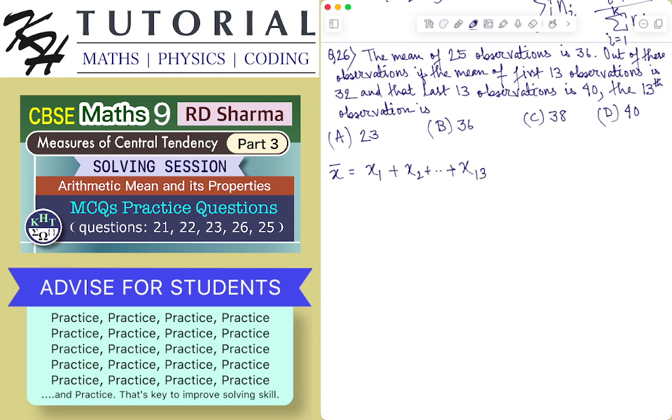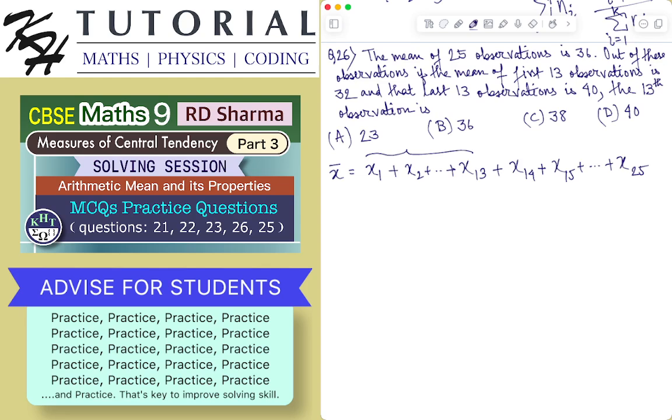This is the first 13 observations, and then we will have x14, x15, like up to x25. Now there are 25 observations, and the first 13 observations are x1, x2 up to x13. So 13 multiplied by 2 is 26, and there are 25 observations.